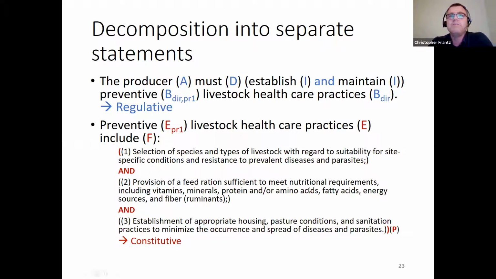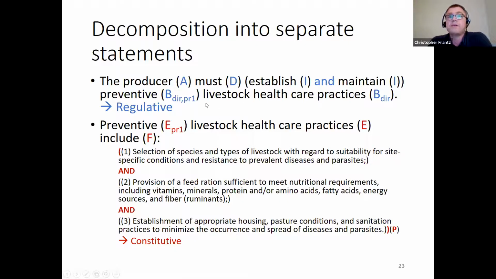Here, for example, we can separate this integrated sentence into two statements if we wanted to, where one is of regulative kind and calls out the expected behavior, and the second is of constitutive kind, which exclusively focuses on the definition of the constituted entity we are concerned with. Those are the opportunities that arise from there.